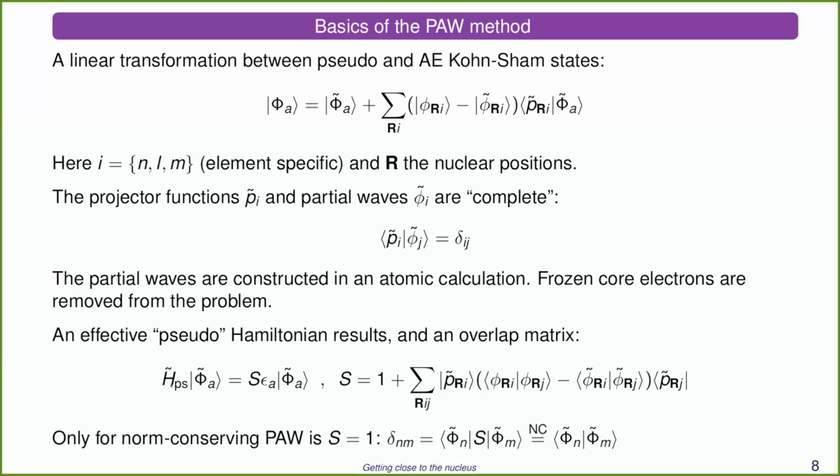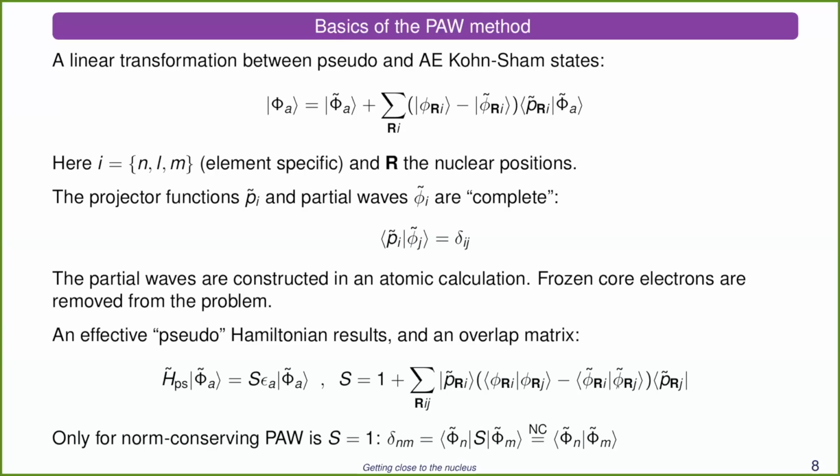So the Hamiltonian is just working on the Gaussian orbitals on the plane wave grid, gives an eigenenergy times the orbital, but here you also get an overlap matrix.